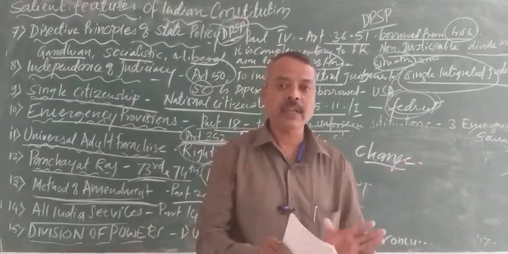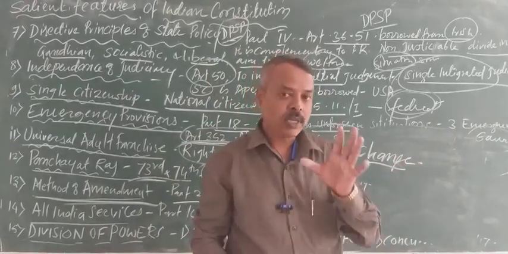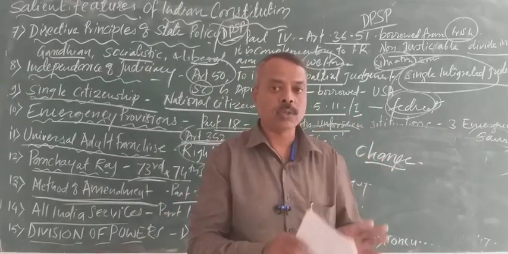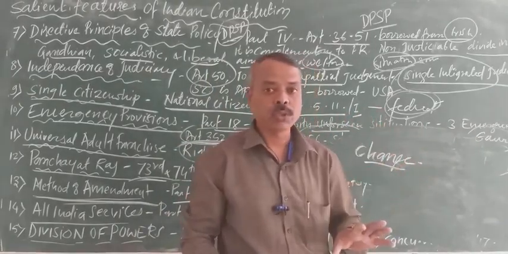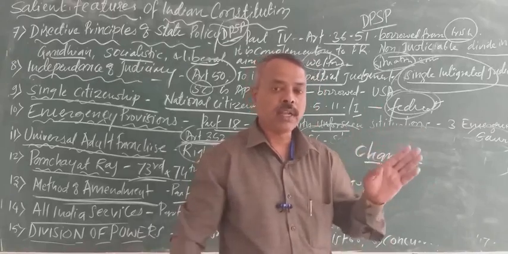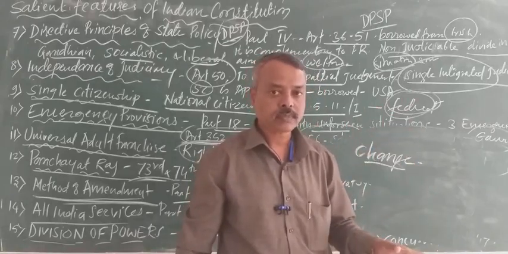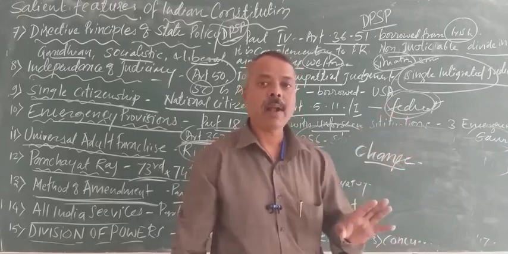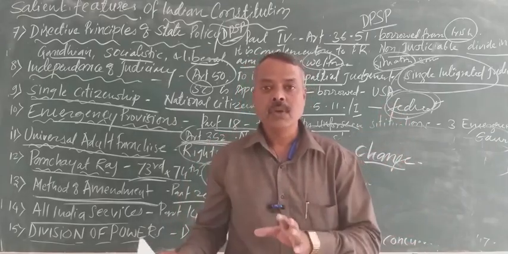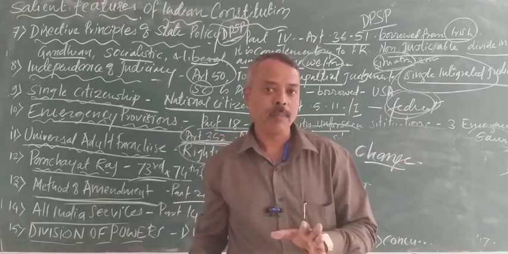Which part is rigid and which part is flexible? Here there are two types of laws in the constitution. One is the original constitutional laws, which are under the original structure of the constitution, and the second is the legislative laws, or laws made by the parliament.